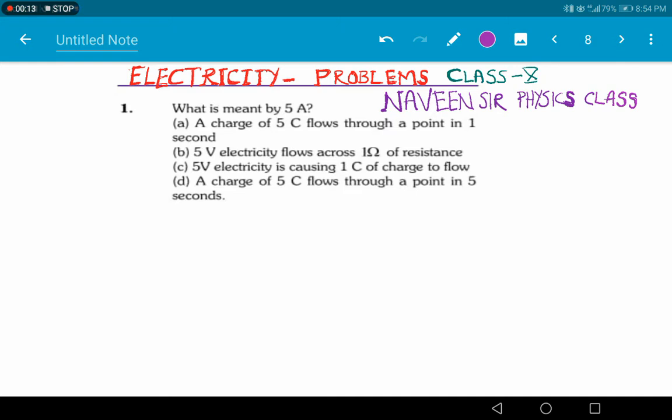So today we are going to discuss some problems related to the previous concepts. In the last lectures we discussed current, Ohm's law, ohmic devices, non-ohmic devices, and dependence of the resistance on different factors.